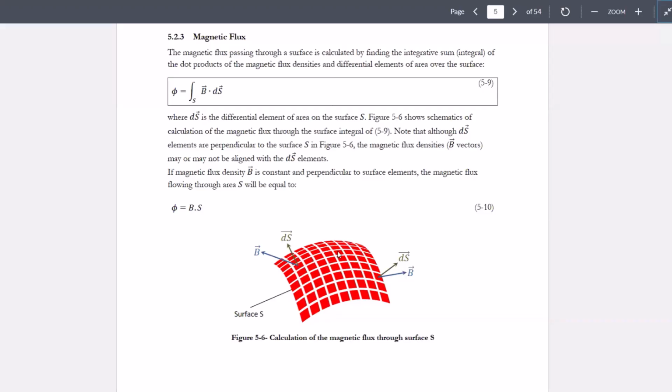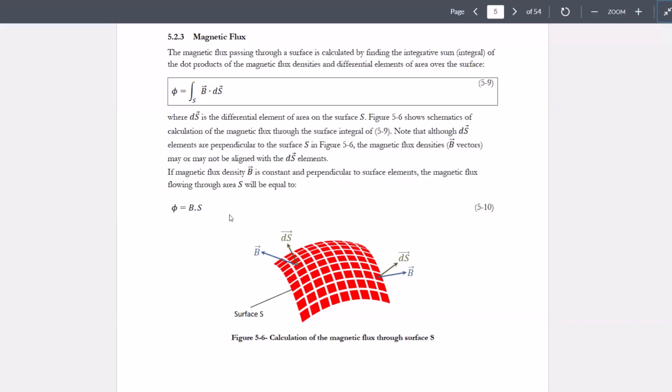So at each of these segments, you have a certain ds, which is perpendicular to that. So if you have the knowledge of B and ds, and put them through this integral, meaning that you would make ds smaller and smaller, and that sigma would be converted into an integral, then the result would give you the magnitude of the flux that is passing through that area.